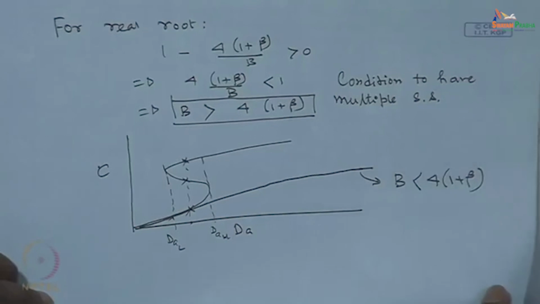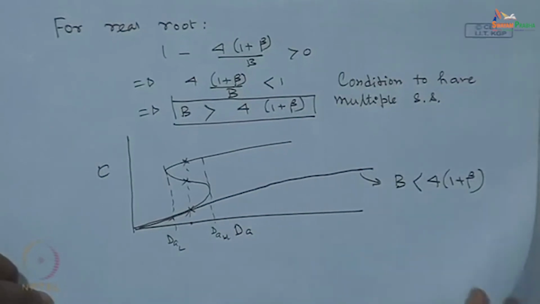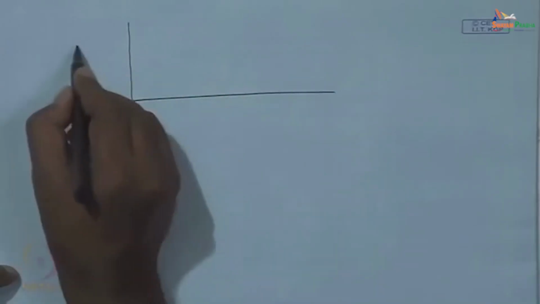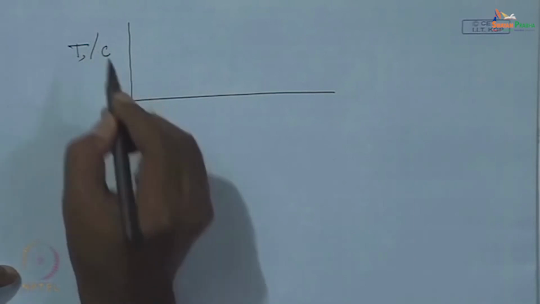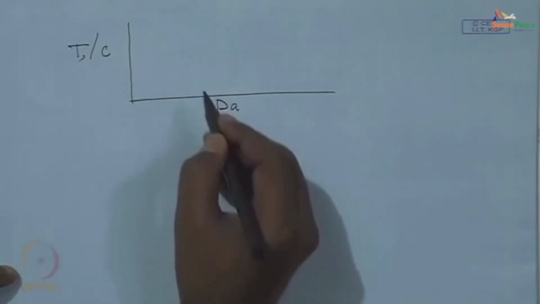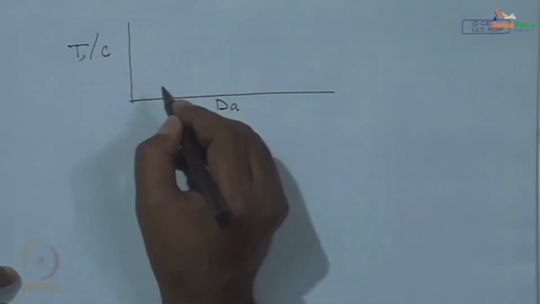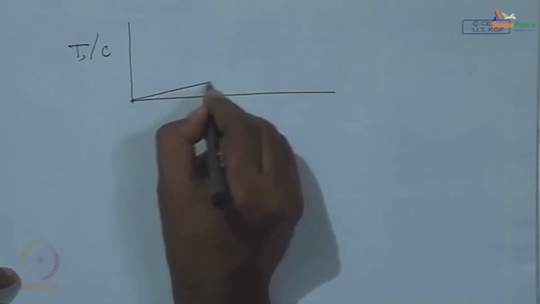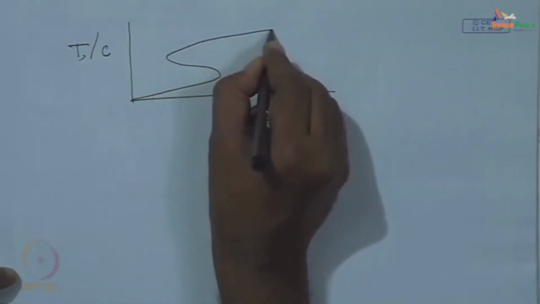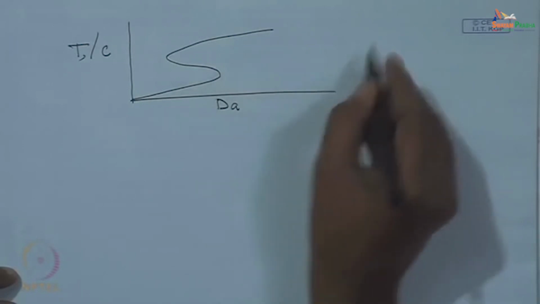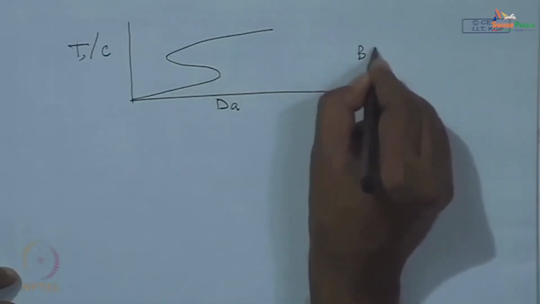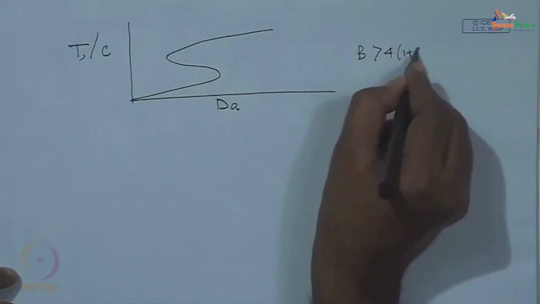If we now plot T or C versus Damkohler number for the multiple steady state case, you will get a curve like this. This is the condition for b greater than 4 into 1 plus beta.